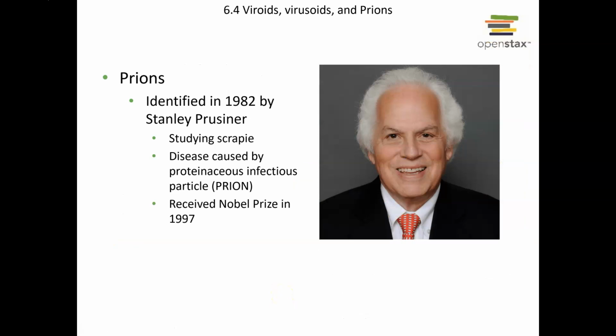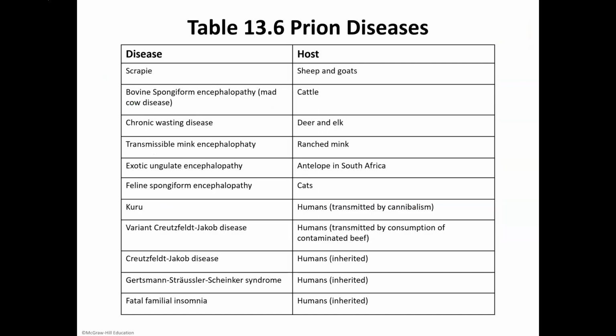Lastly, we have prions. Prions are proteinaceous infectious particles. They were identified by Stanley Prusiner in 1982. He was studying scrapie in sheep, and he identified these, and he eventually won a Nobel Prize for his discovery of prions.